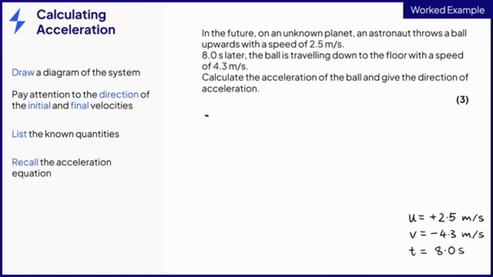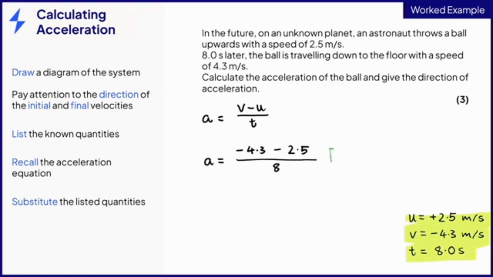Now that we've got the correct signs on our velocities, the rest of the question is easy. We recall the equation, a equals v minus u over t, and substitute in the values from before. Putting these into the equation gains the first mark. Just put that into a calculator, include your units for acceleration, and you get a second mark.